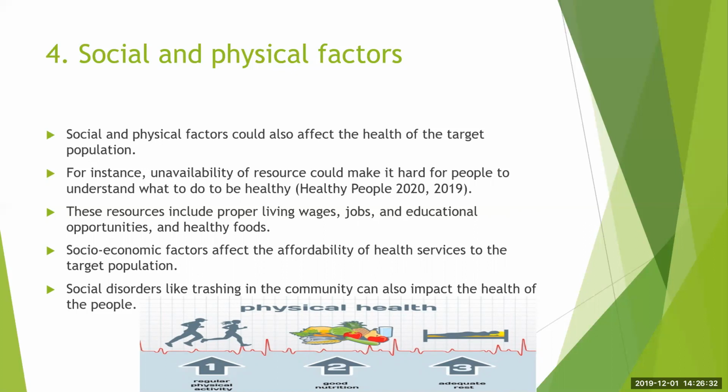Those resources include proper living wage, jobs, educational opportunities, and healthy food. Socioeconomic factors affect the availability of health services to the target population. Social disorder like trashing in the community can also impact the health of the people.